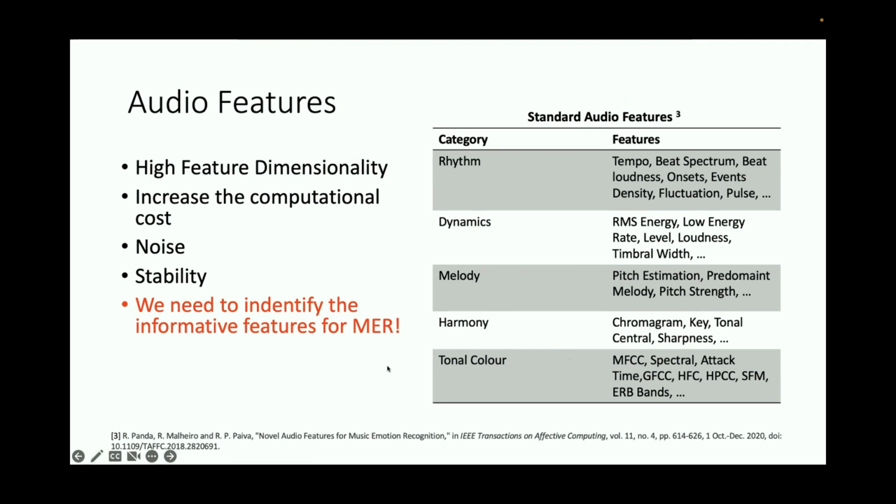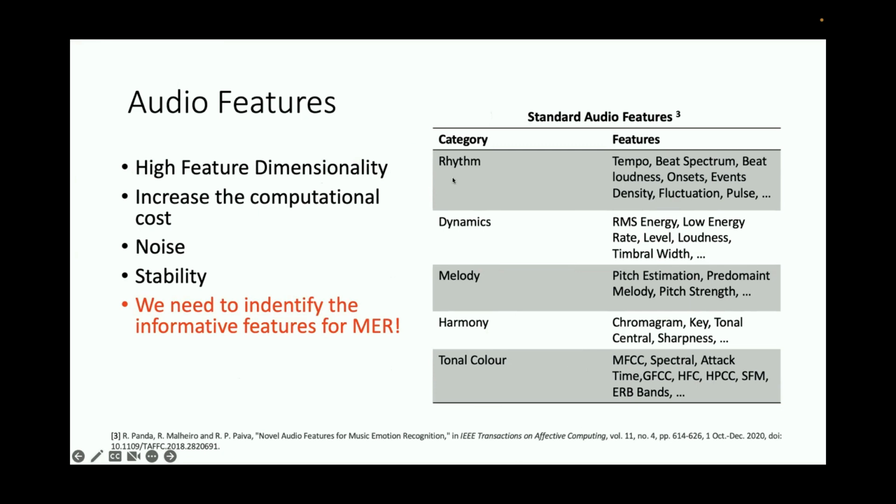Lastly, we have tonal colors such as MFCC, attack times, HFCC, HPCC, etc. But the standard audio features are so many. We don't know which ones would be useful, particularly for emotion recognition. So we have a high feature dimensionality issue.